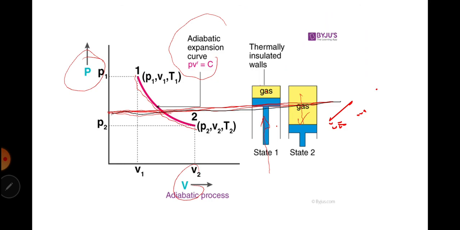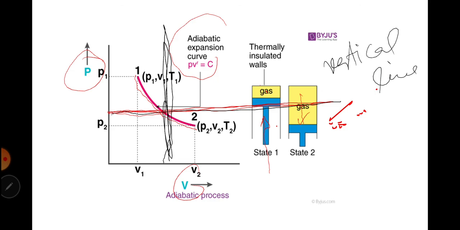The isochoric process is one during which the volume of the system remains constant. This graph is a vertical line for the isochoric process.